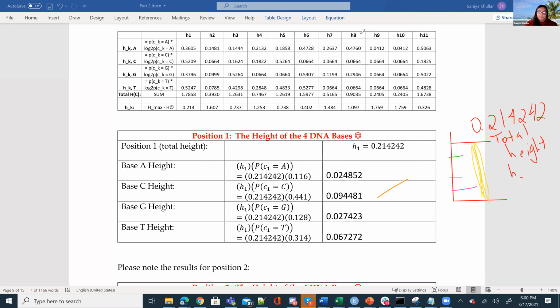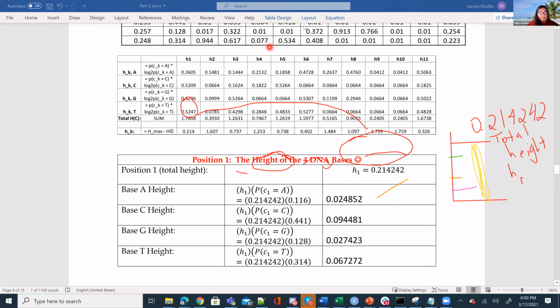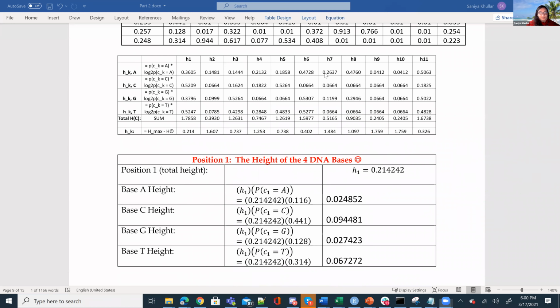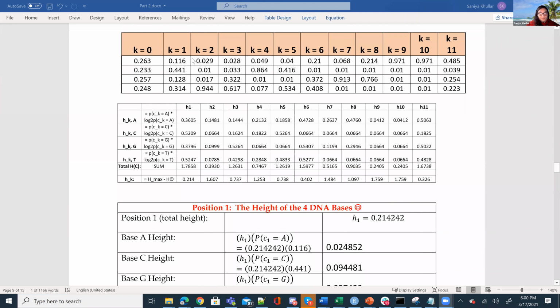So that's the formula. You take this total height, and for this value here, you multiply this height by the probability of that given base, and then you'll get what this is equal to. So you take this height and multiply it by the probability of having an A in the spot, and the probabilities that we have are 0.116.